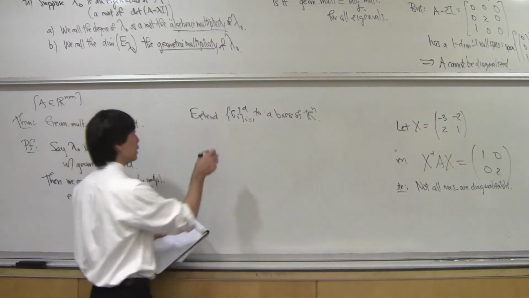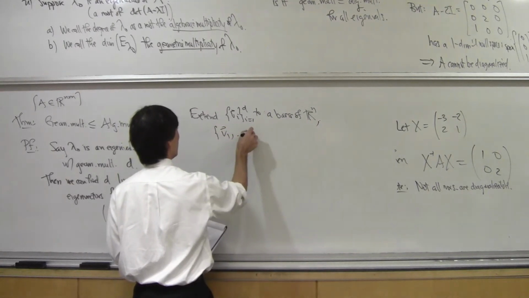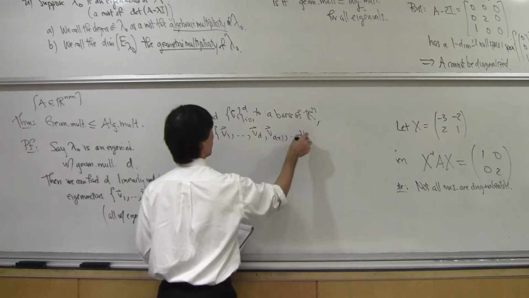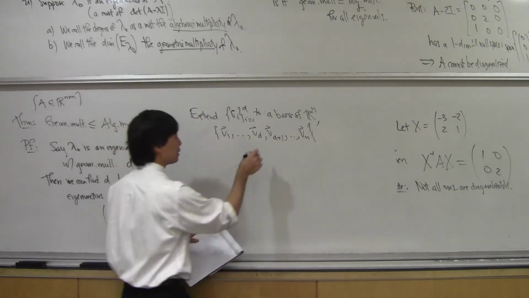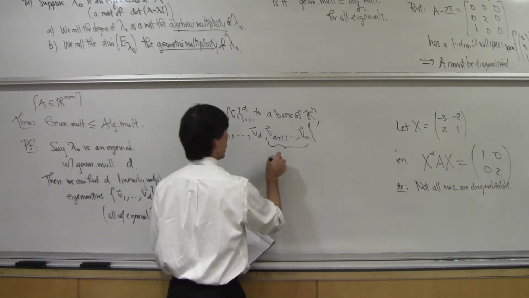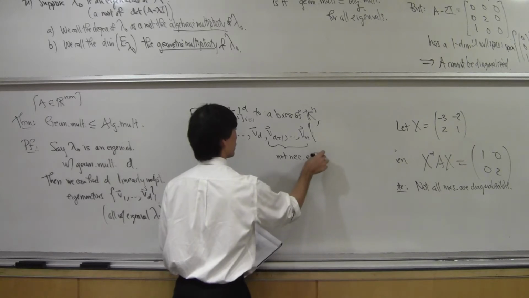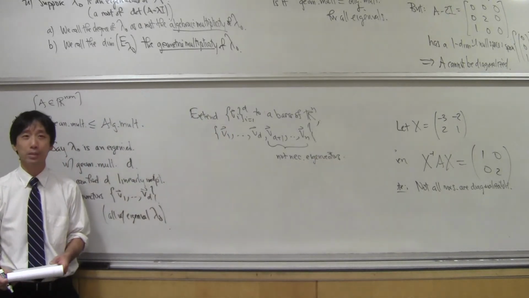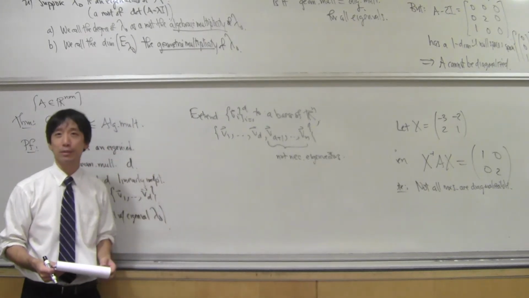So we call that basis v1 through vd, vd plus 1, through vn. But these vectors over here are not necessarily eigenvectors. So we're not saying that we have an eigenvector basis, but we've got a basis, and the first d elements are eigenvectors.